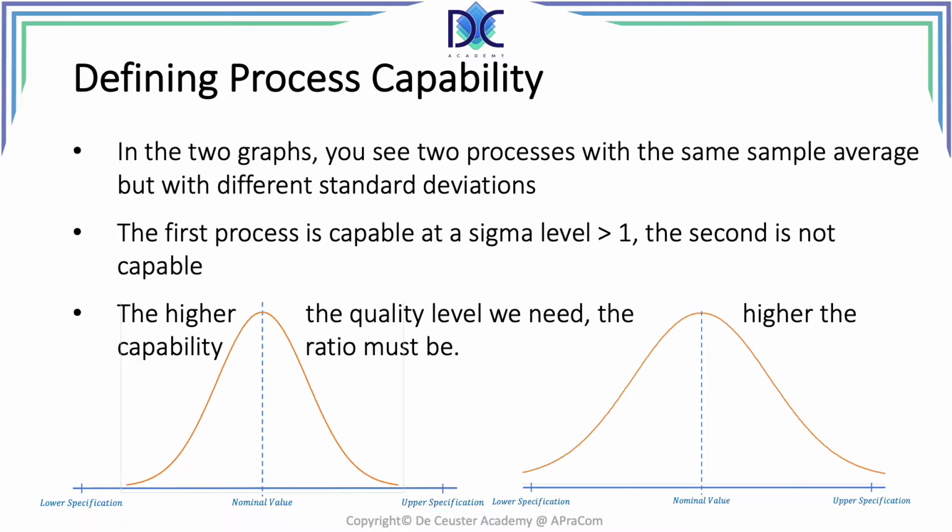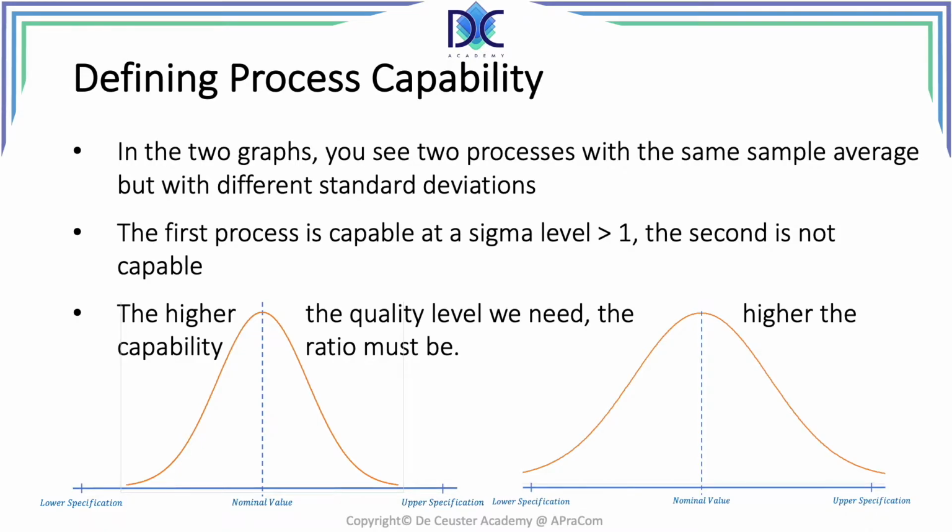So basically this means that the process is capable at a sigma level larger than 3. So, larger than 1, which means that we have 3 sigmas to the left and to the right.